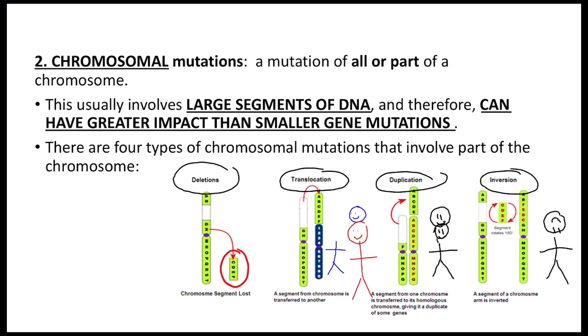In translocation, the second one, it's not a full-blown deletion, but instead a segment from one chromosome, in this case the green chromosome, is transferred to another chromosome, which is shown in blue. So here, section A to F, so alphabetically, gets attached to the blue chromosome, which is numbered numerically.